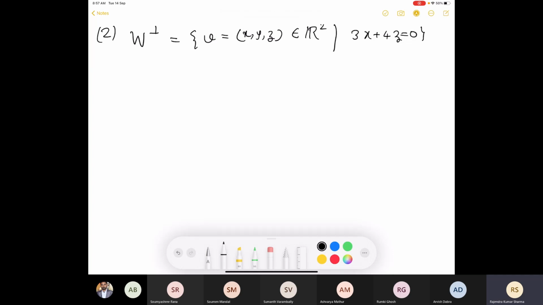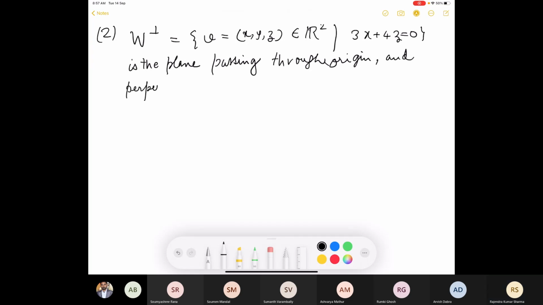Now, what is this? This is the plane passing through the origin and perpendicular to the line L. What is the line L?